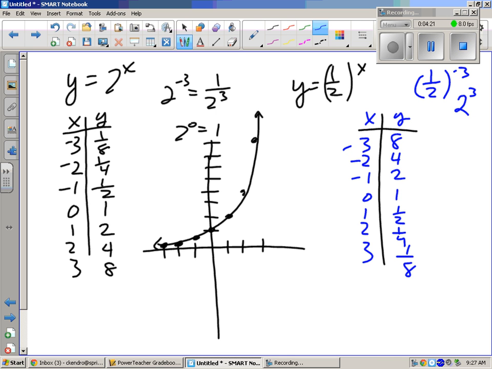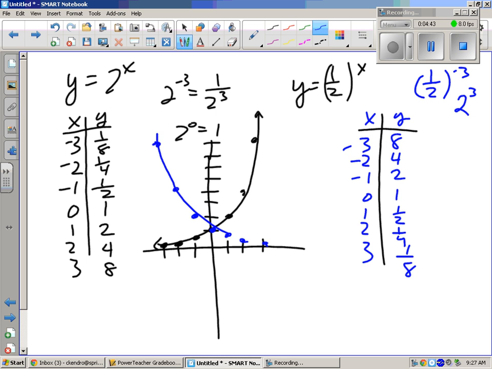Now, if you don't believe me, go ahead and try those all, but just trust me for now, and it's all good. All right, -3, 8 is way up here. -2, 4 is about here. -1, 2 is here. 0, 1 is here. And then 1, 1/2. And then we get smaller and smaller.